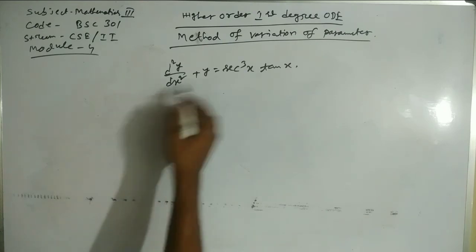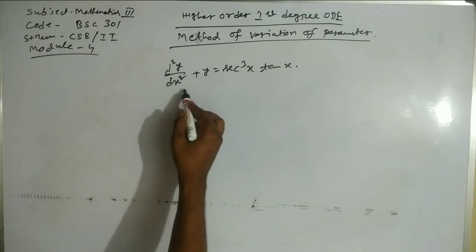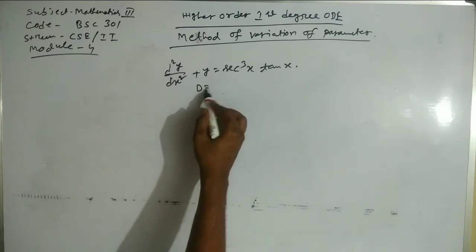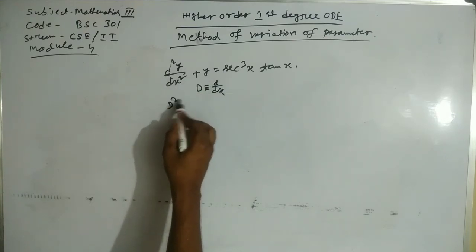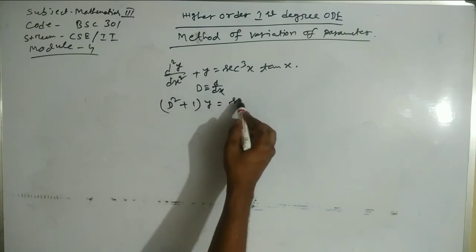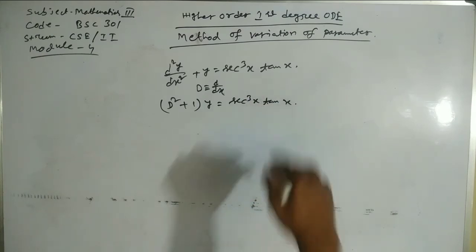Anyway, so for this sum, first we write this sum using capital D operator. So D is equivalent to d by dx, we know that. So this will be D square plus 1 operating on y is equal to sec cube x tan x. Okay.